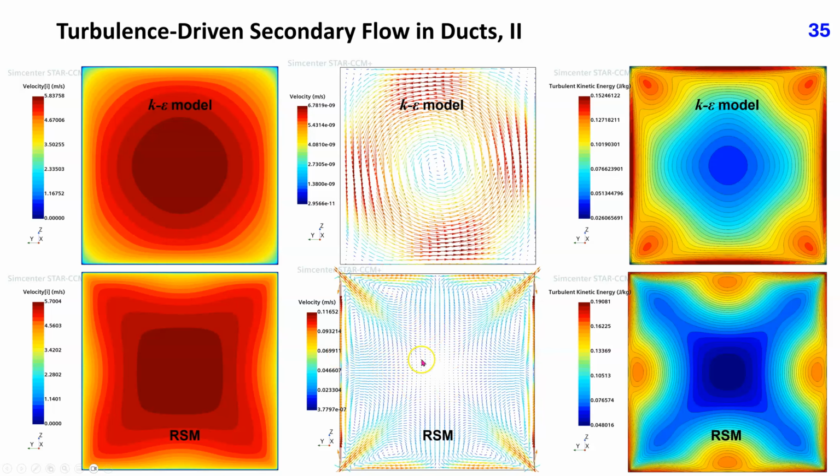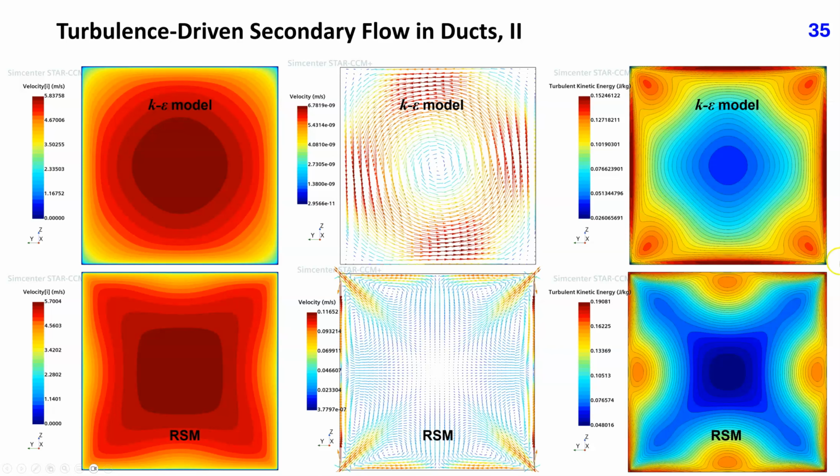The maximum secondary velocities are greater than 2% of the mean streamwise velocity. The secondary velocities lead to a more uniform distribution of the streamwise velocity component in the cross-section and thus a lower maximum value, 5.7 meters per second in the solution obtained with the Reynolds stress model compared to 5.838 meters per second in the solution obtained with the k-epsilon model.